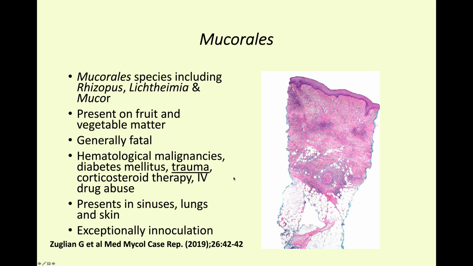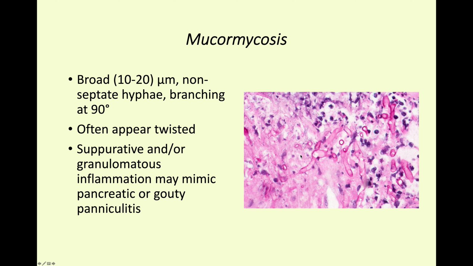And here we have a close-up view. Mucor is much broader than Aspergillus and Fusarium and so on, and they are non-septate fungi, and they often have a rather twisted appearance, and even though it's a vascular spread, they often are associated with acute and granulomatous inflammation and can in fact resemble panniculitis.